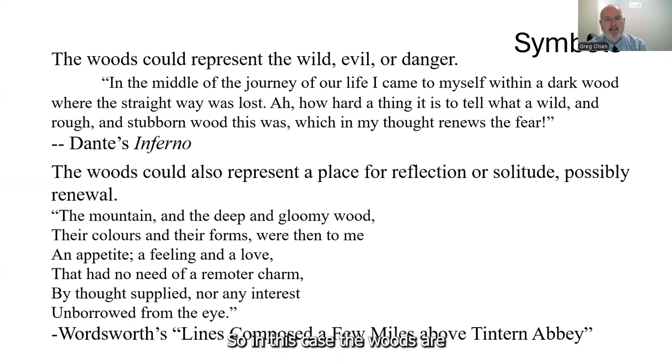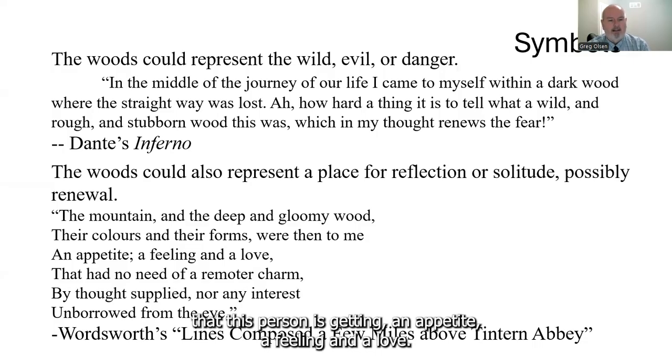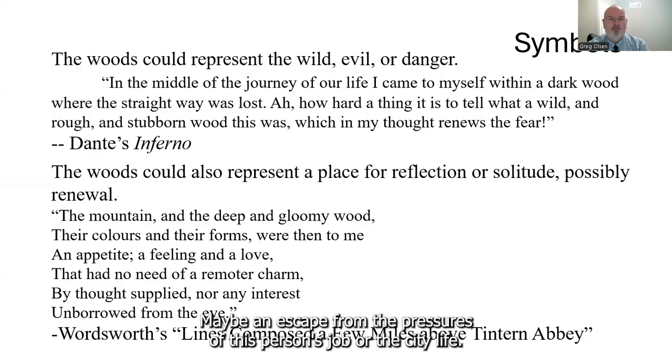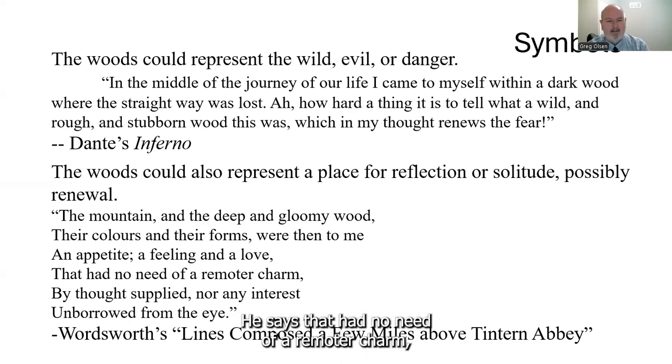So in this case, the woods are maybe again that renewal or the place of re-energization that this person is getting, an appetite, a feeling, and a love. And so maybe the woods here are symbolizing that renewal, maybe an escape from the pressures of this person's job or the city life. He says that had no need of a remoter charm, so that remoteness creates that solitude.